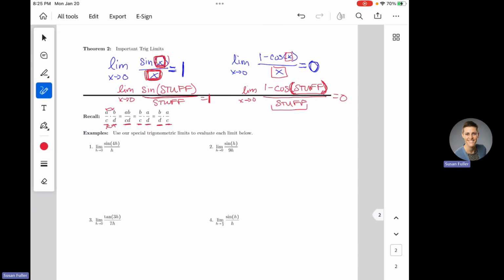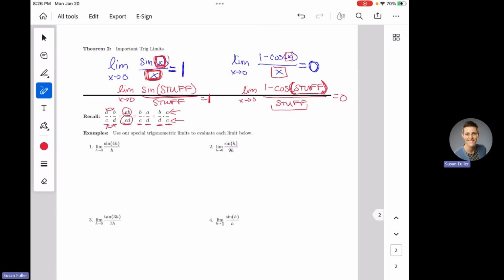I can reorganize this as much as I want as long as the stuff on top stays on top and the stuff on the bottom stays on the bottom. So that's a cool thing about fractions. If we're multiplying fractions, you can just move stuff around willy-nilly, keep the stuff on the top, keep the stuff on the bottom. So we're going to use that in just a minute.